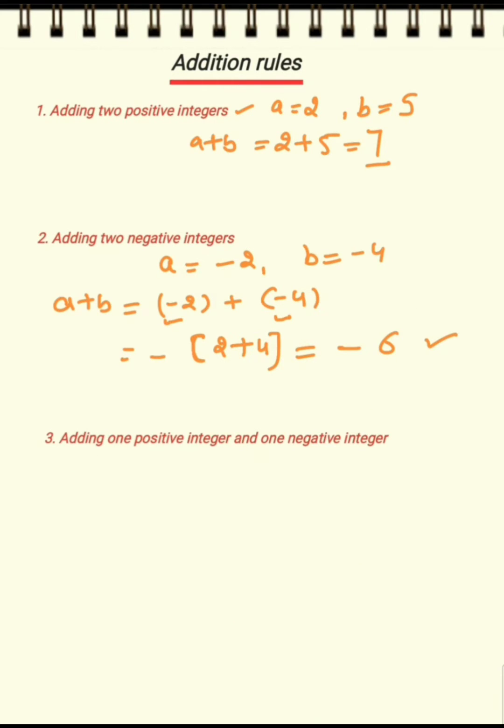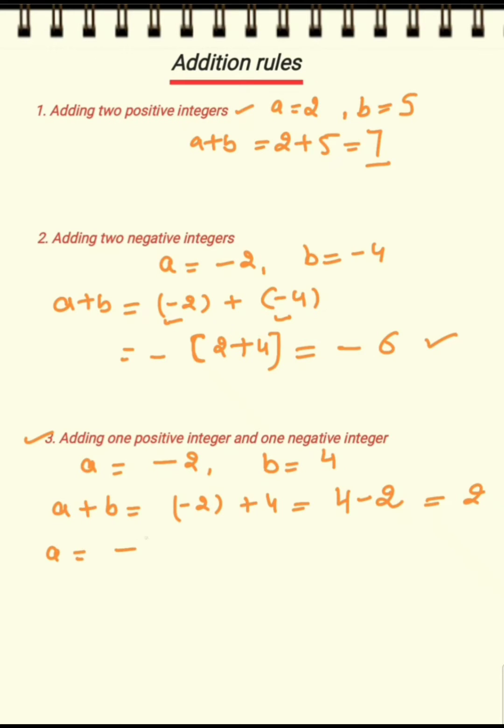Now third is adding one positive and one negative integer. Let's take a equal to negative 2 and b equal to 4. Then a plus b is equal to negative 2 plus 4, which we can write like 4 minus 2, which is equal to 2. And next I will take a equal to negative 4 and b equal to 2.